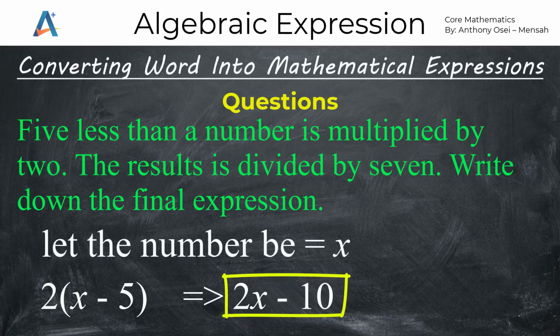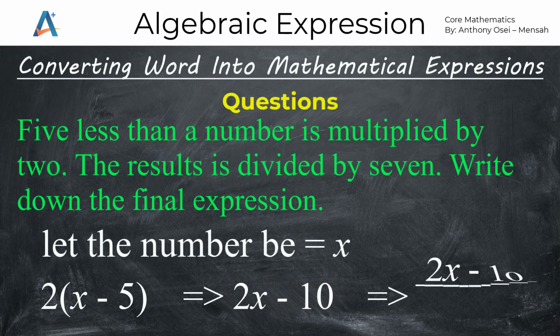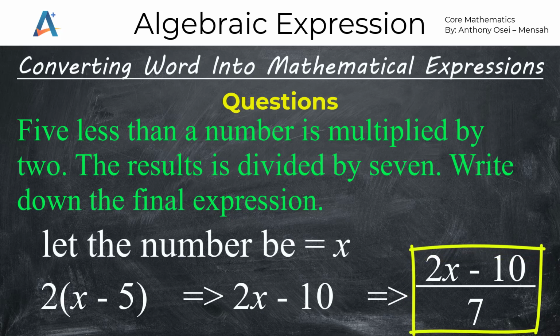Now it says that the result is divided by 7. This is the result, so it is divided by 7. It will become 2x minus 10 divided by 7. So finally, the expression will be 2x minus 10 all over 7. This will be my final expression for this particular word problem. Thank you very much.